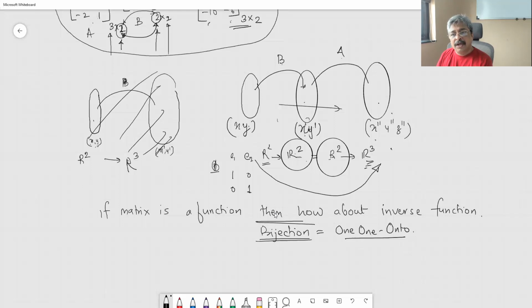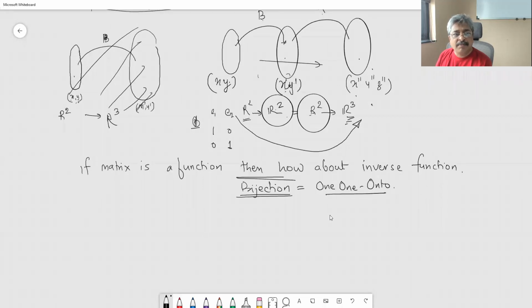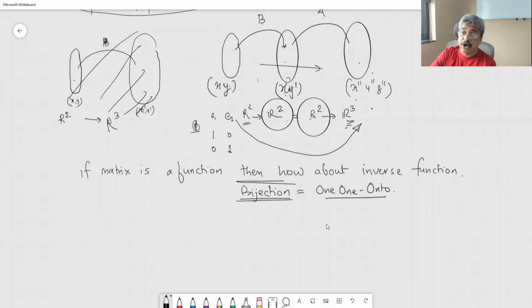Correct? And therefore, what do you think should be the dimensions of the matrices? If at all we start thinking of an inverse matrix, if A is a matrix, we start thinking of A inverse.